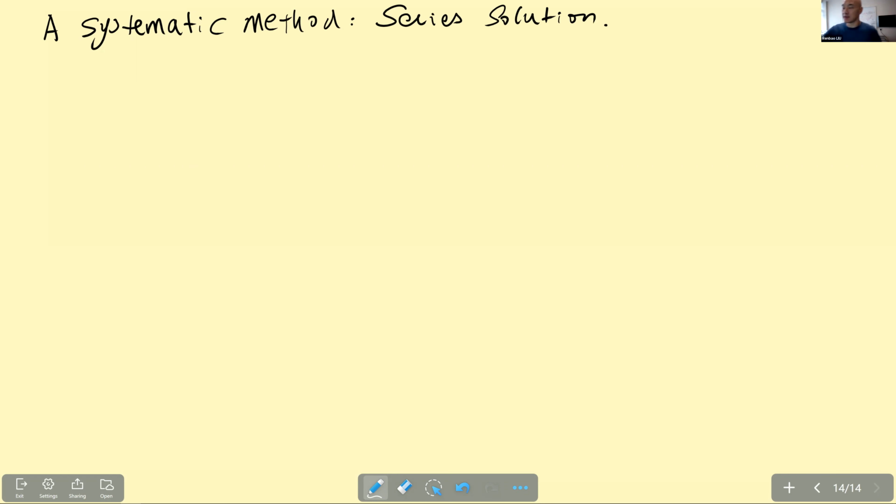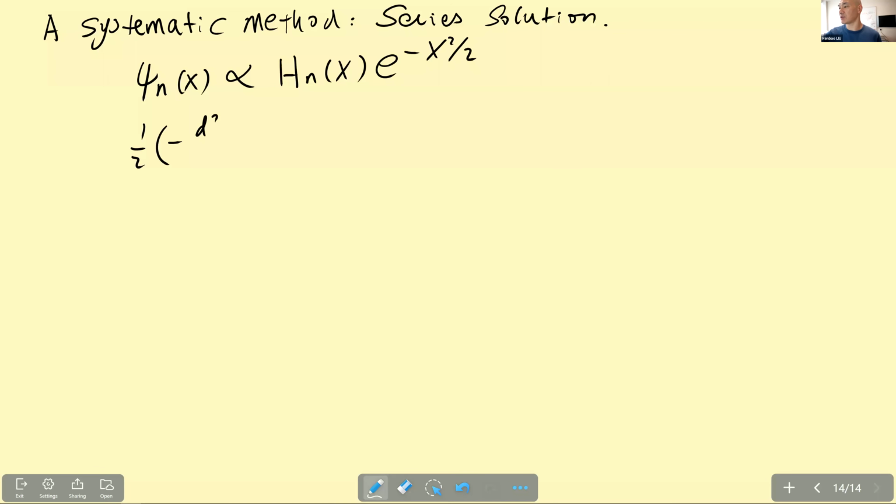We know by argument that this psi n of x should be proportional to a function. We don't know what it is, but it should include e to the minus x squared over 2, right? And we should have 1 over 2 times minus d squared over dx squared plus x squared acting on this one, which equals epsilon m times it.